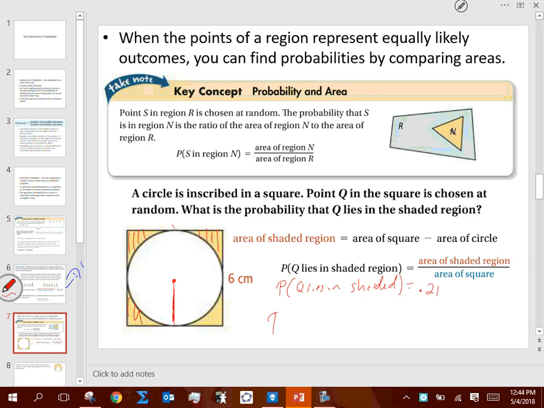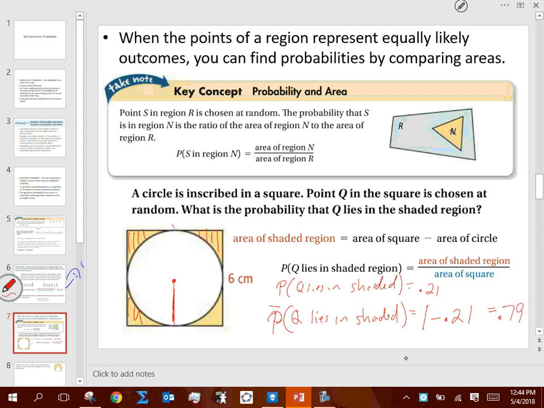What if I put the bar notation, and then I say Q lies in the shaded region. That would equal the complement idea, right? The complement is the probability that it happened removed from 1. And if I do that, it gives me about 0.79.